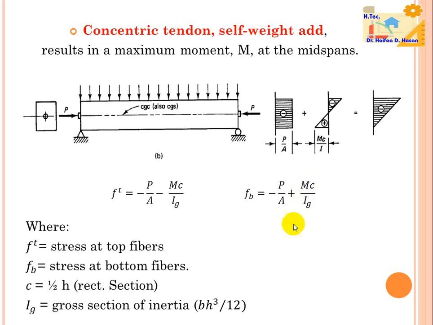C here equals half of the height of the cross section, and I gross equals B multiplied by H to the power 3 divided by 12.